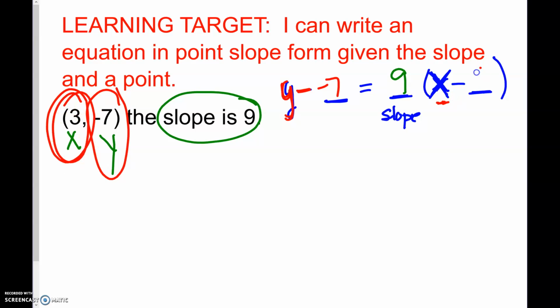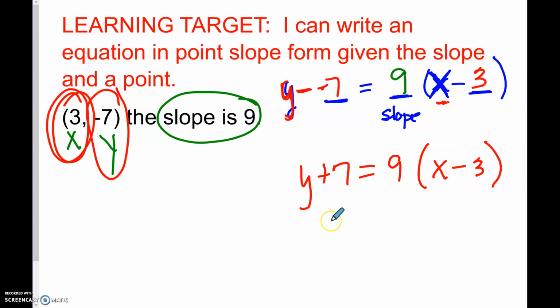And that's a 3. Now, there's only one thing wrong with this right here: mathematicians will not let you have a double negative. So we need to write this to say y plus 7 equals 9, parentheses, x minus 3. That is point slope form.